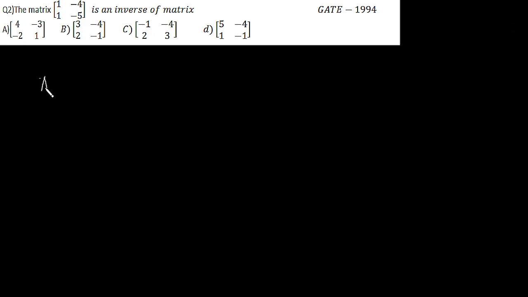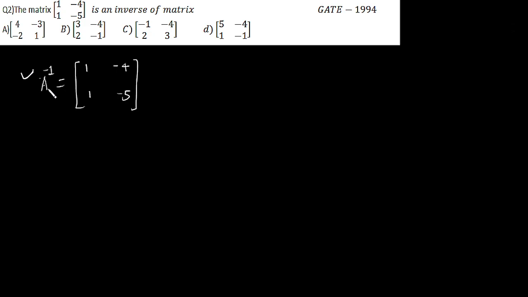So let's call the matrix A. We are given its inverse, which is this 2 cross 2 matrix. So now we have to find the matrix such that if we take its inverse, we get this matrix.